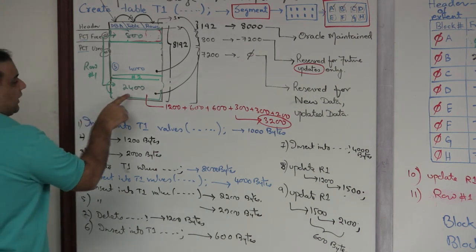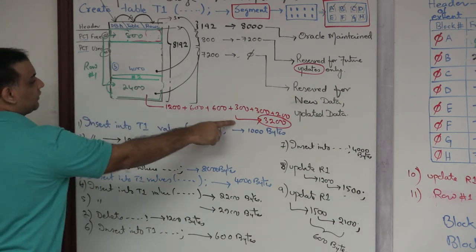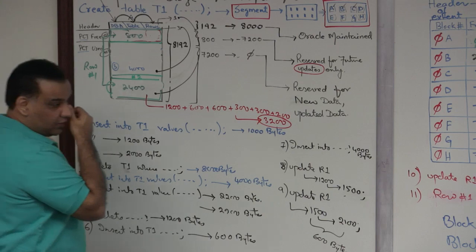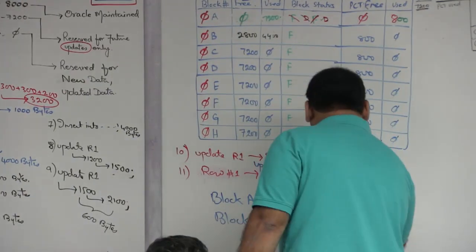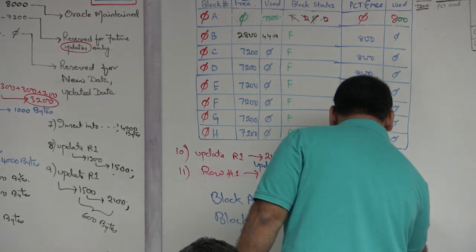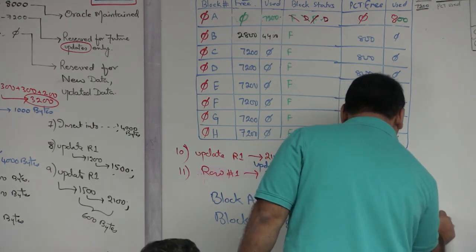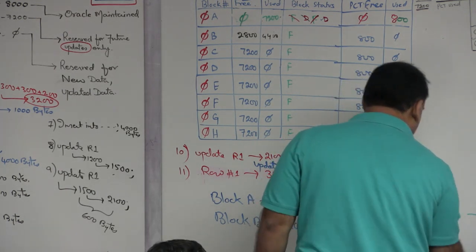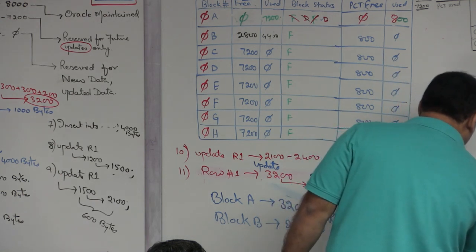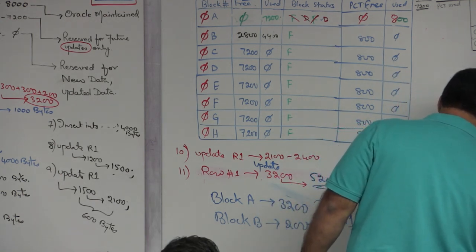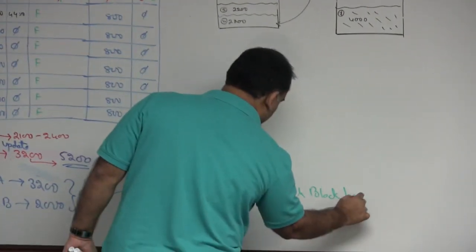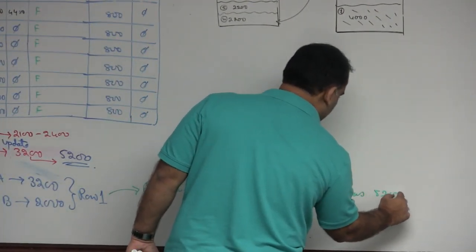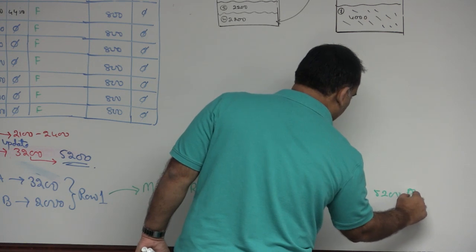Oracle will say, okay, I'm going to take 3200 from here, and then you want to add 2000 here available. So what that means is, if I have to migrate the row, the first thing is to find which block has 5200 available. Yes. Has 5200 free space available.